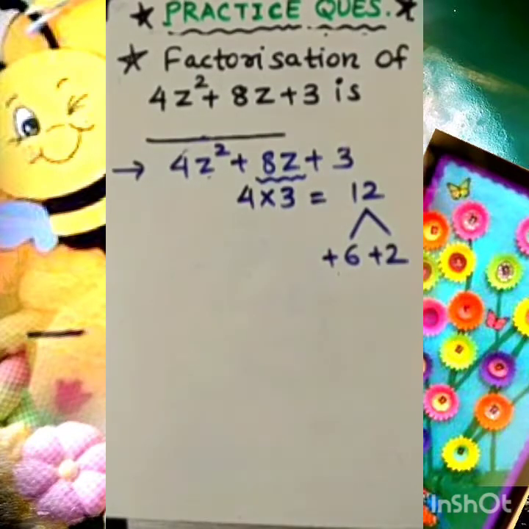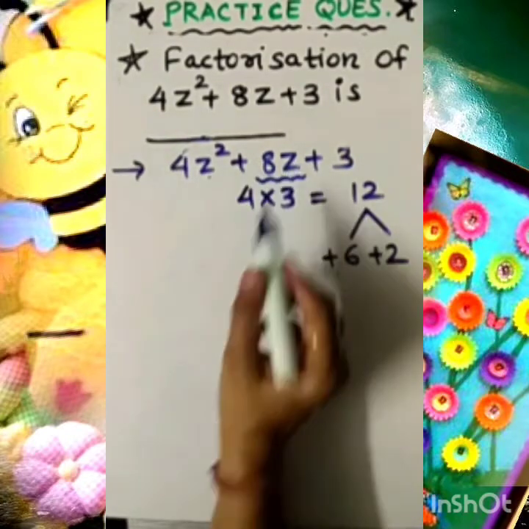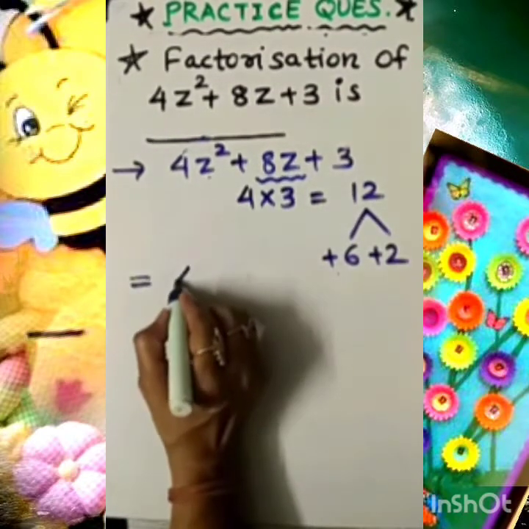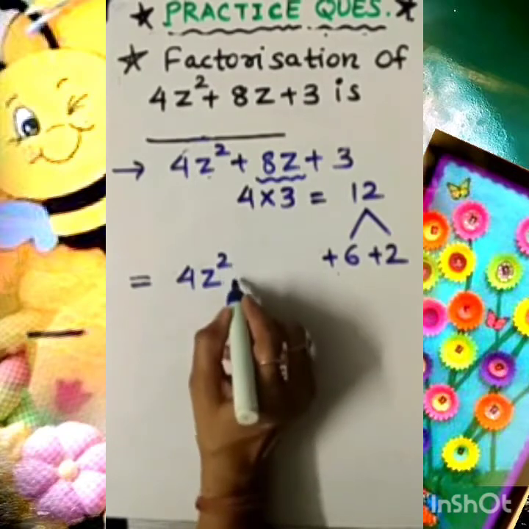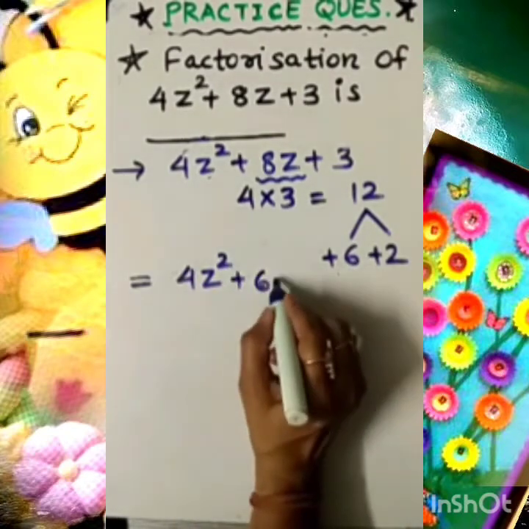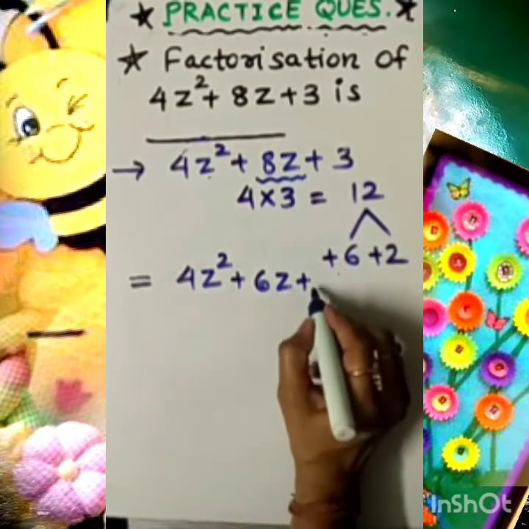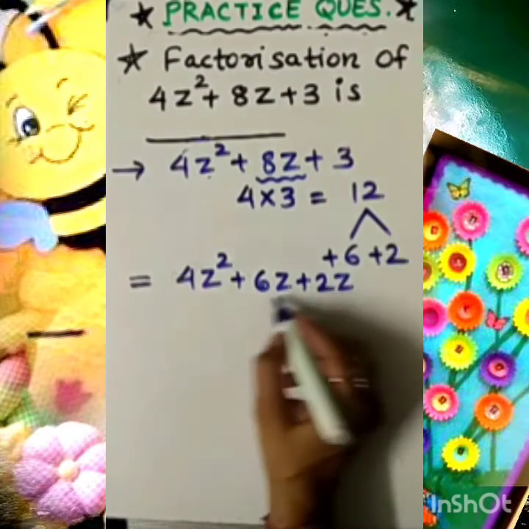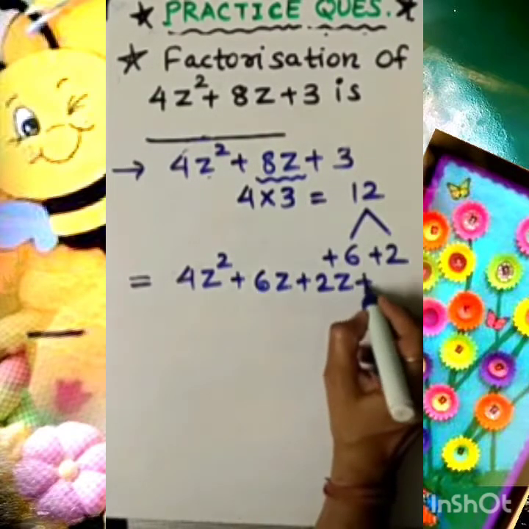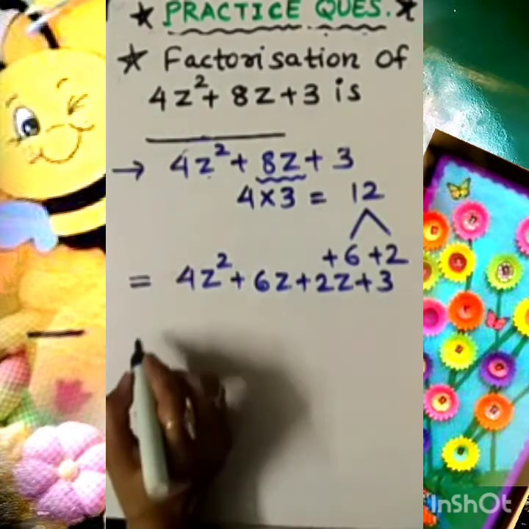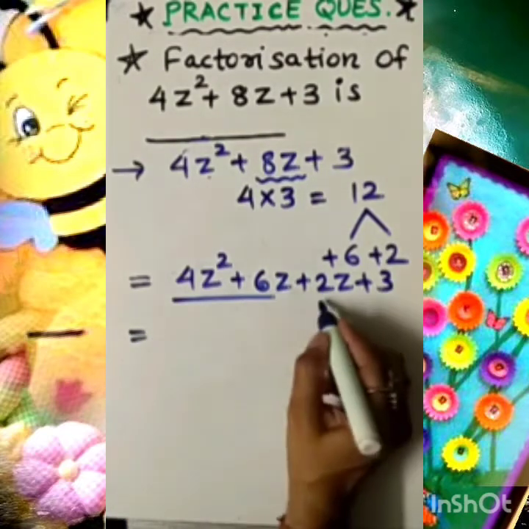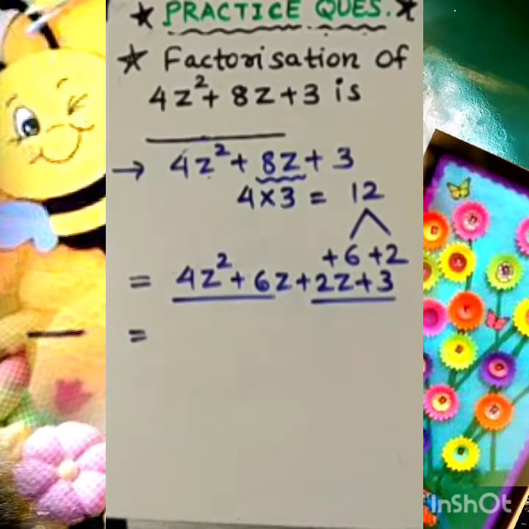So in such a case, what do we have to do? Here the variable is z. So according to that, 4z square plus 6z plus 2z plus 3. This is the middle term splitting. Now make pairs.